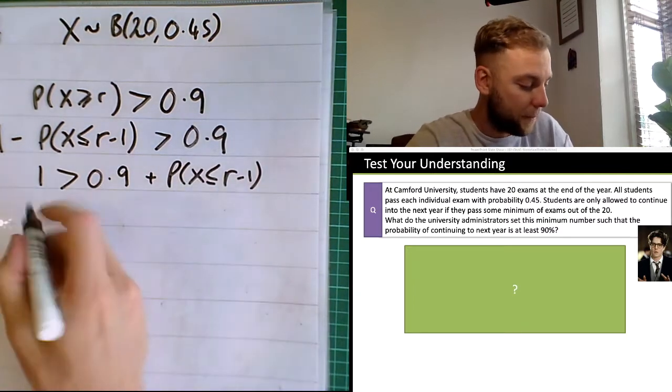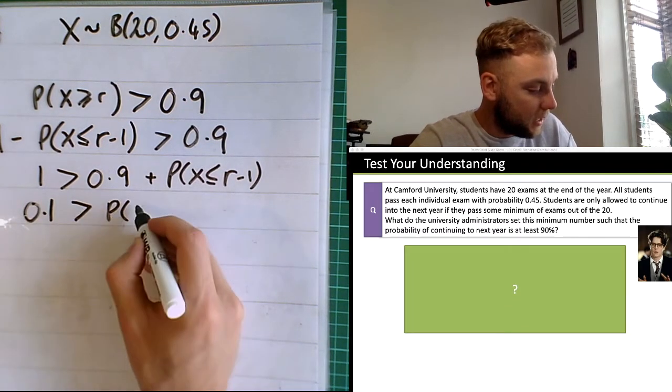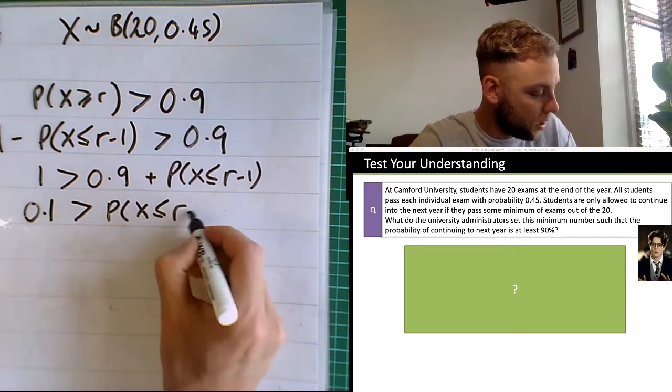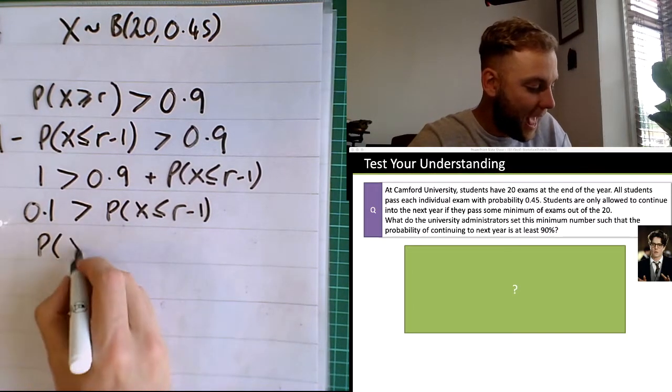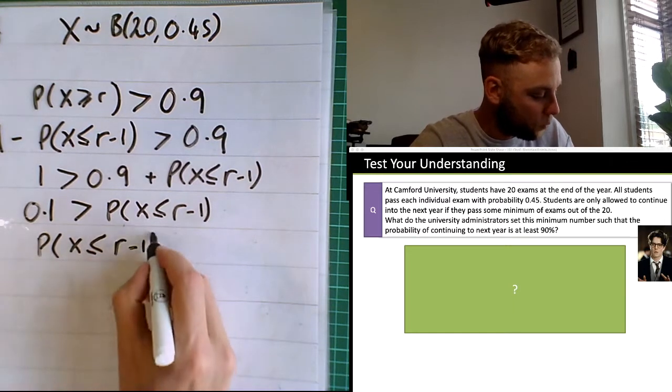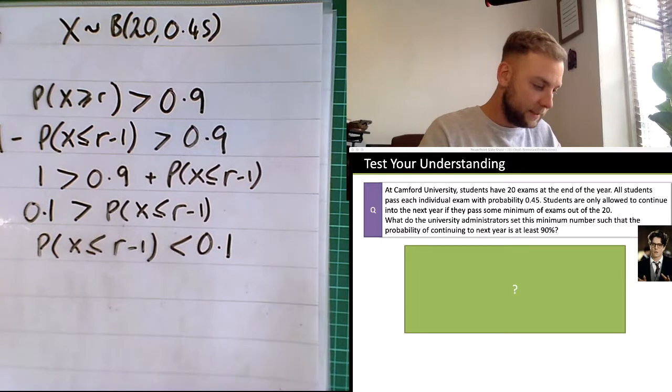Take the 0.9 back, so 0.1 is greater than the probability of X being less than or equal to r minus 1. And then switch it all around, so the probability that X is less than or equal to r minus 1 is less than 0.1.